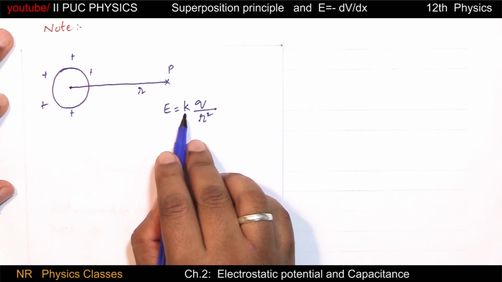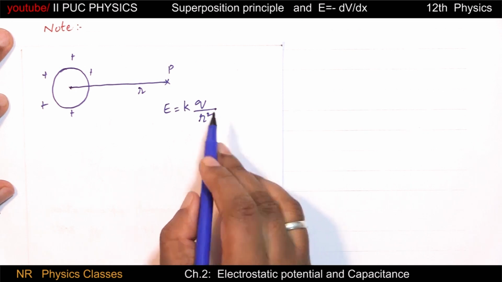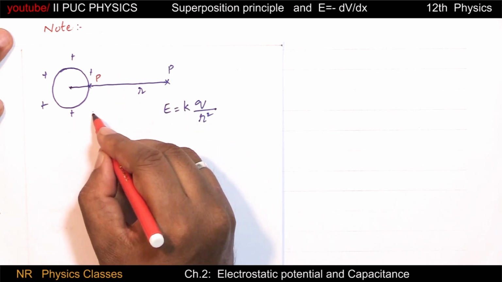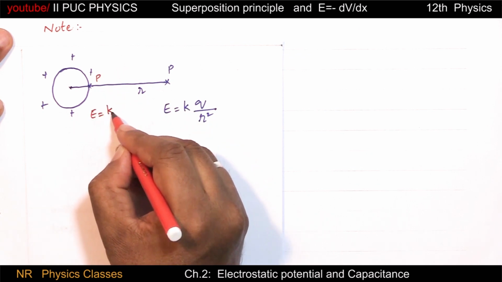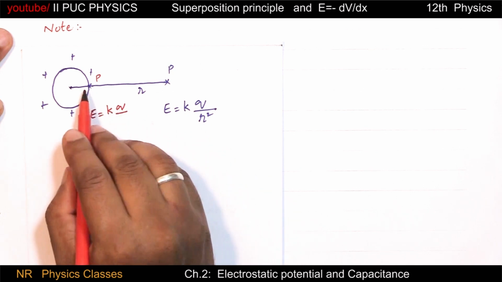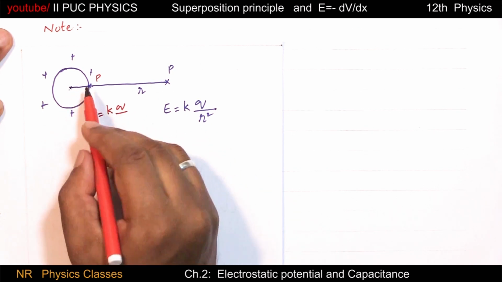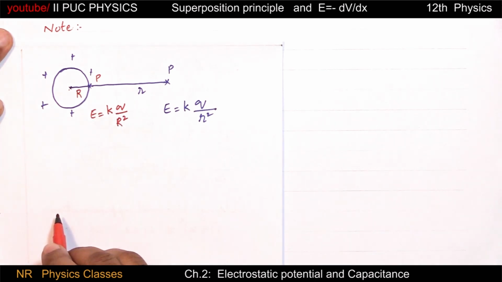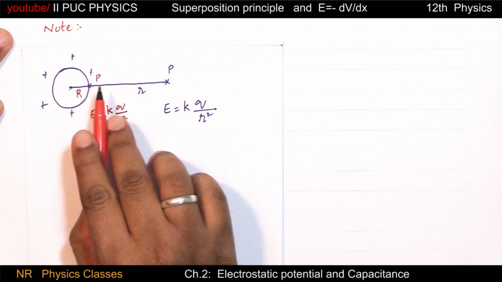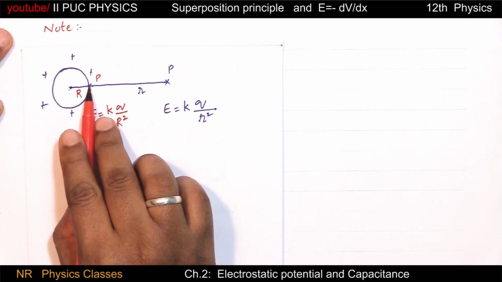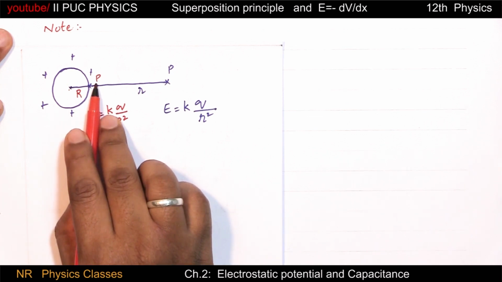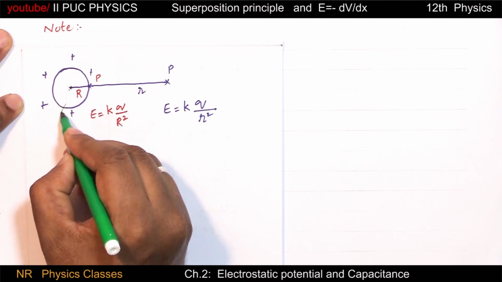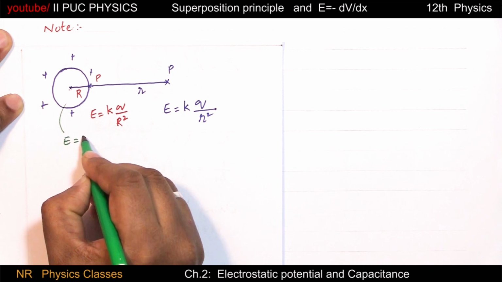We proved that it is constant Q by r square. Now if the point P is on the surface, then the electric field is constant times the total charge by the distance from the center to P, which is the radius of the shell R, therefore R square. Outside we should consider the distance from the center, not from the surface. To a point on the surface, the radius matters. We also proved that the electric field inside the shell is 0.